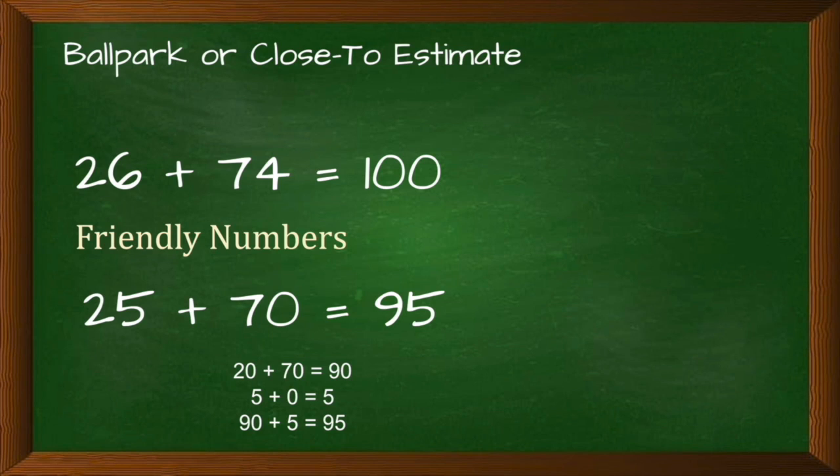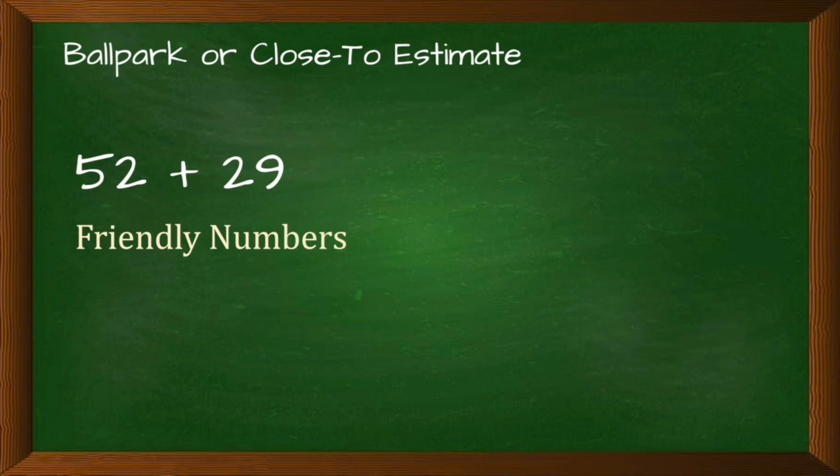Let's look at another one. 52 plus 29. This time I'm going to give you the sum because we're not focused on adding the numbers, but rather checking our addition with an estimate. And so our actual answer here will be 81. Let's see if that's reasonable. 52 is pretty close to 50. And 29, what would you choose?